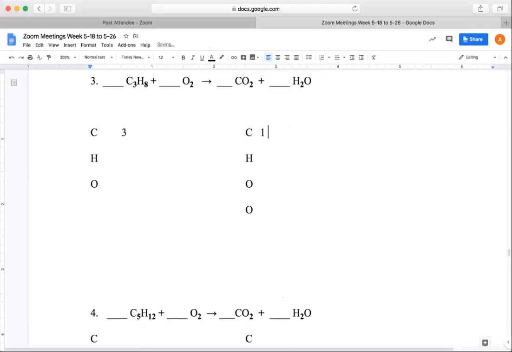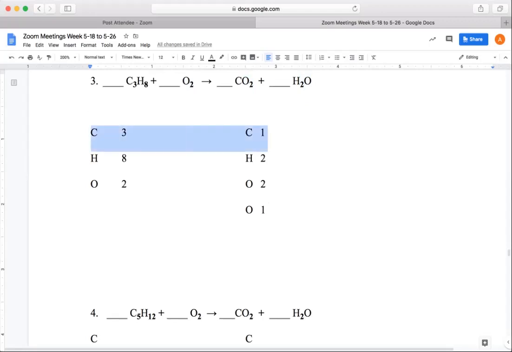How many hydrogens on the left? We have 8. How many hydrogens do we have on the right? We have 2. How many oxygens on the left? We have 2, from this oxygen. On the right, we have 2 oxygen atoms from the carbon dioxide molecule, and we have 1 oxygen atom from the water molecule, right?